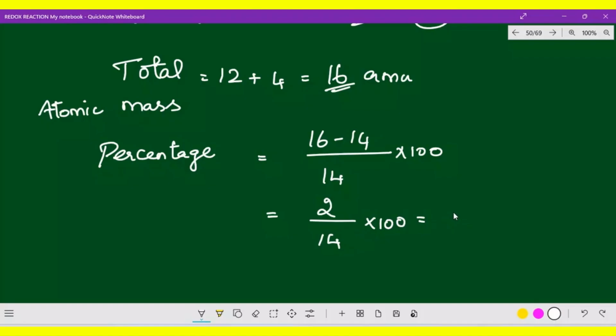So you will get 2 by 14 into 100, which is 14.28%. Here they are asking increasing or decreasing. So 14.28 is actually increasing only, it is not decreasing and not the same either.